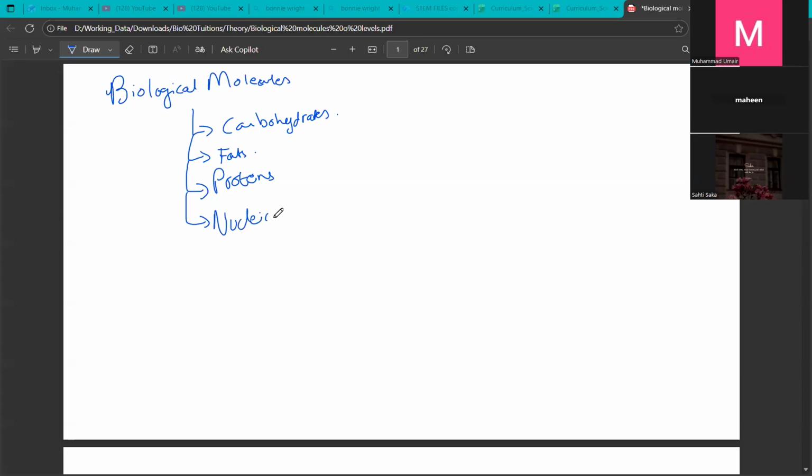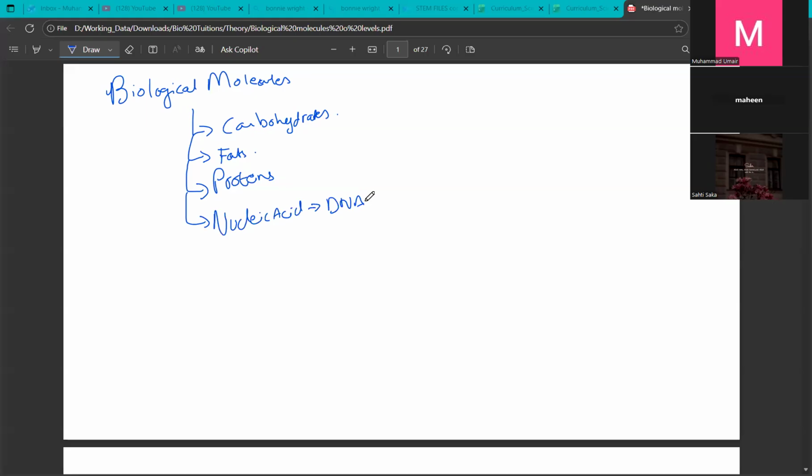Very specifically, in nucleic acids, we have DNA. ठीक है? So what we will do here is that we will go through these structures one by one, and we will talk about what they are, what elements they are formed in.